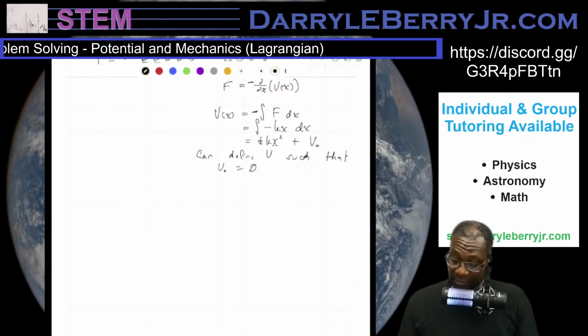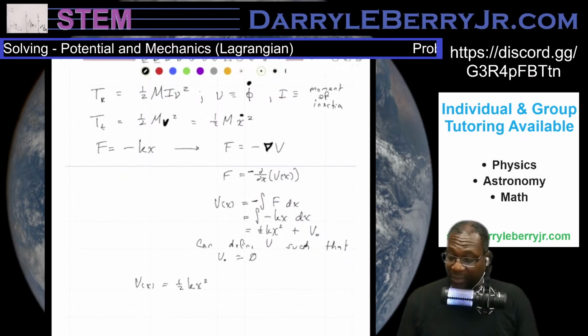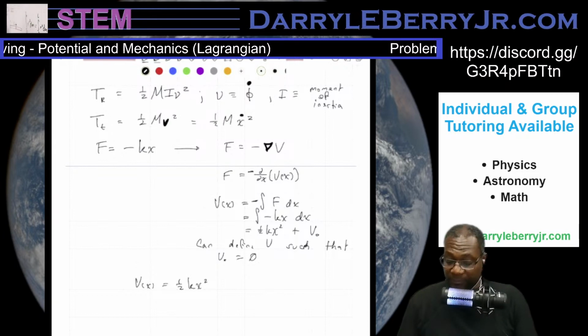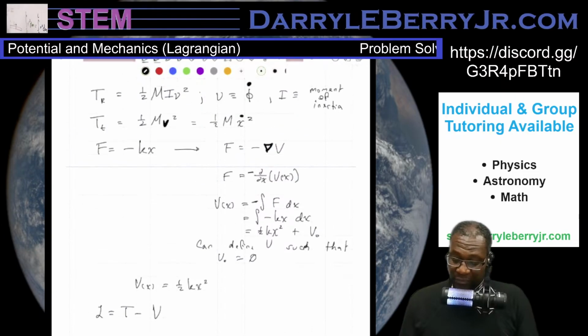So vx equals 1/2 kx squared. So being that we have these two, we can go ahead and utilize the Lagrangian, which is L equals T minus V. All you need is kinetic energy and potential energy to solve that.